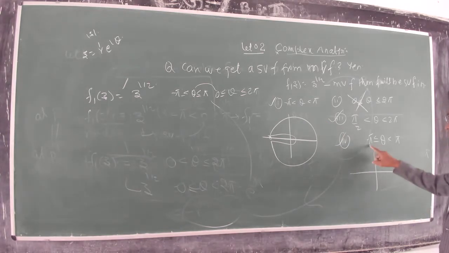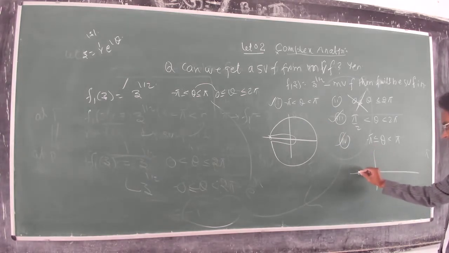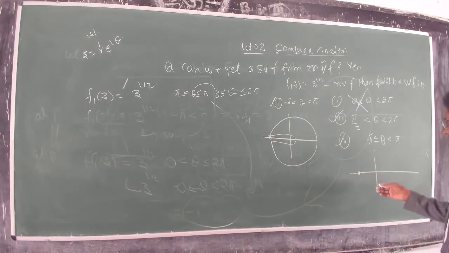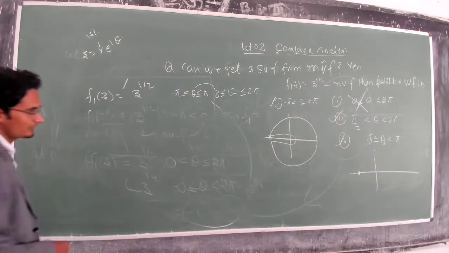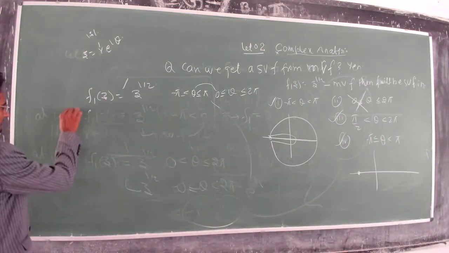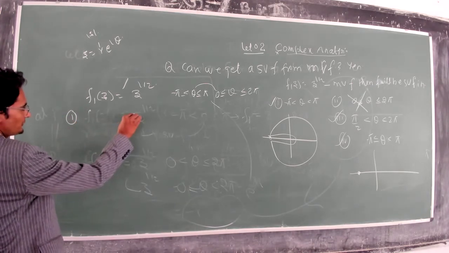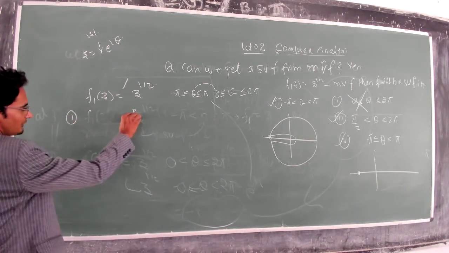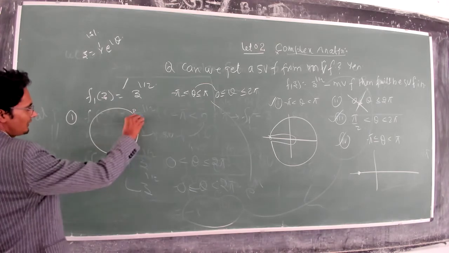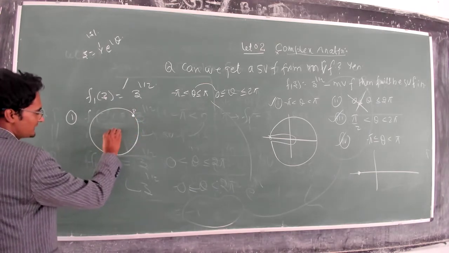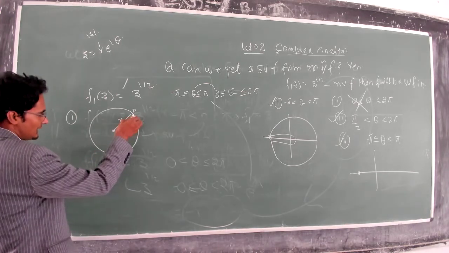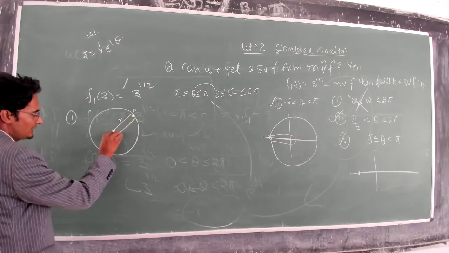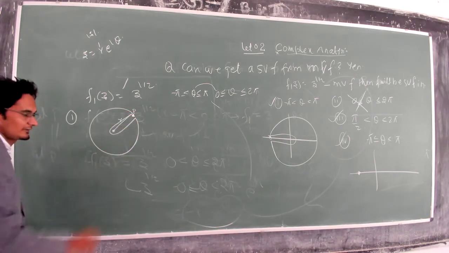Minus pi is included, but pi is not included. Suppose P is a point here. I will start, I will not cross, so I will stop before P, take the round circle and reach here.